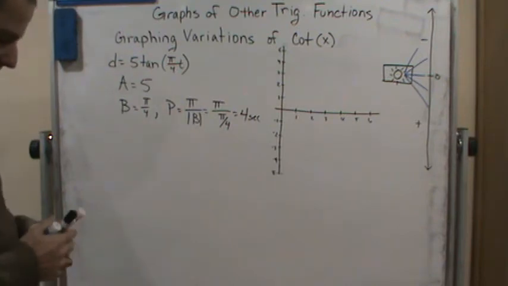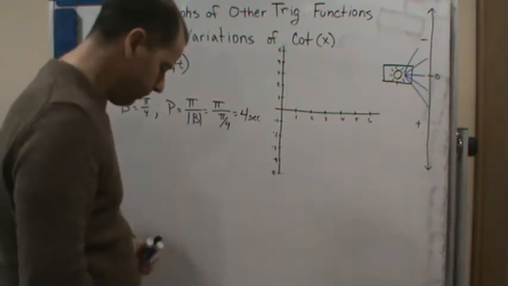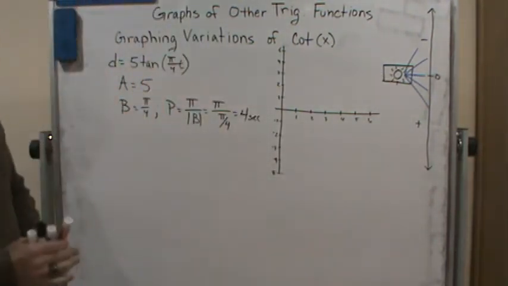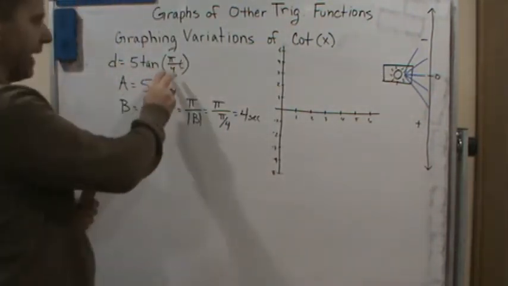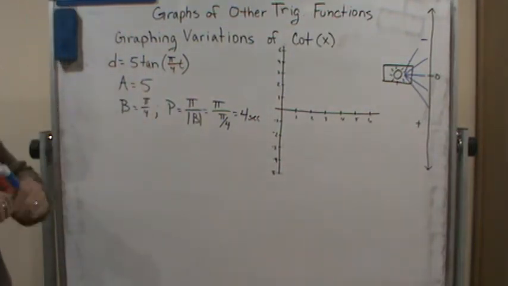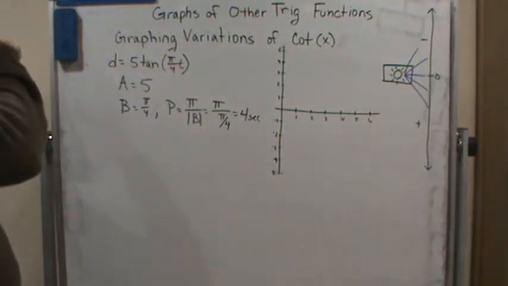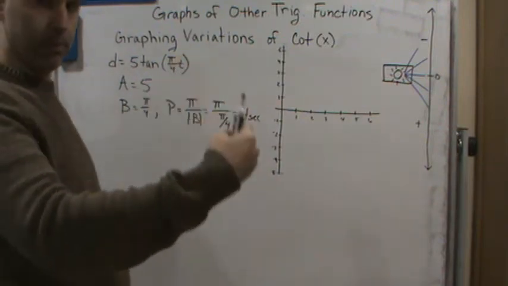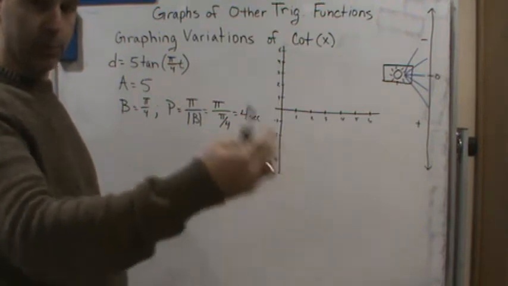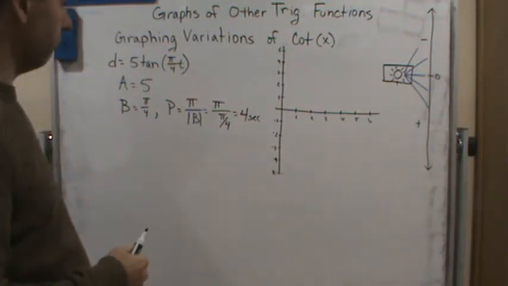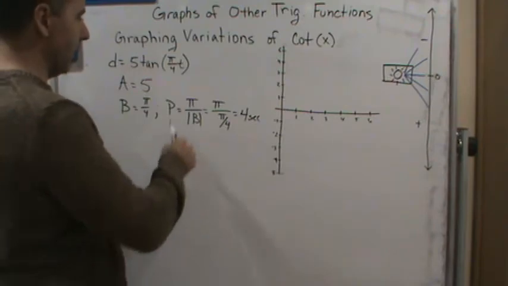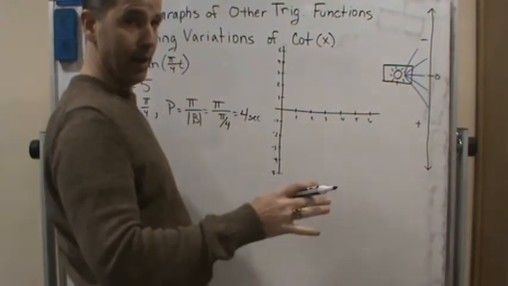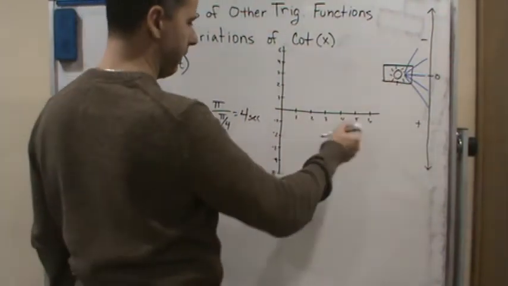So now let's graph it. Again, we want to know where the asymptotes are located. This is a tangent function, so where is tangent 0? Tangent is 0 at 0 and all multiples of pi. So it's going to be at 0 and 4. They only want us to graph the first 5 seconds, from 0 to 5.